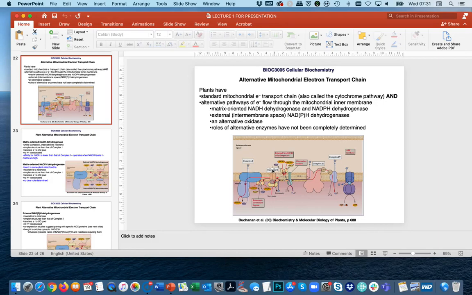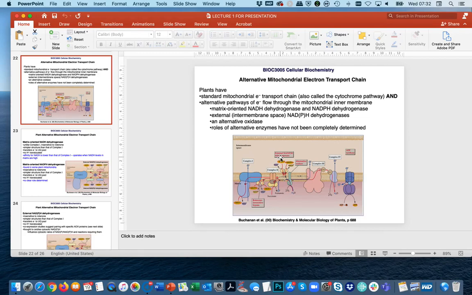It has matrix-oriented NADH dehydrogenases and NADPH dehydrogenases, as well as external NADPH dehydrogenases. So these alternative dehydrogenases are in both the matrix of the mitochondria as well as the intermembrane space.